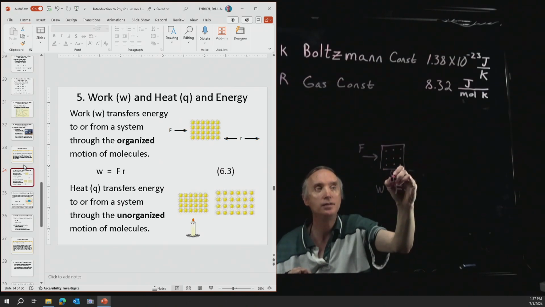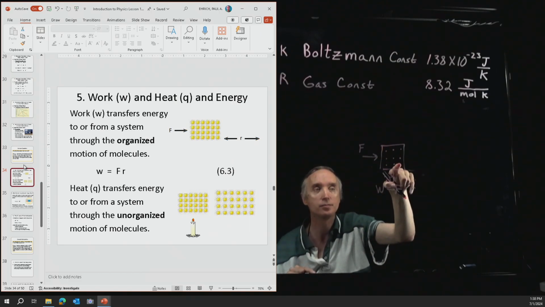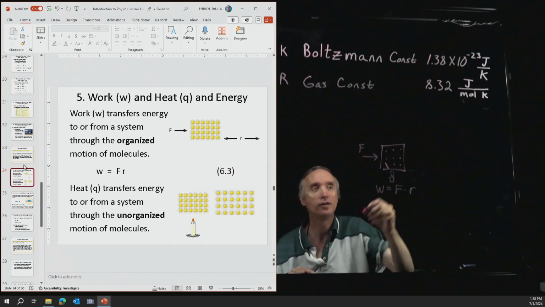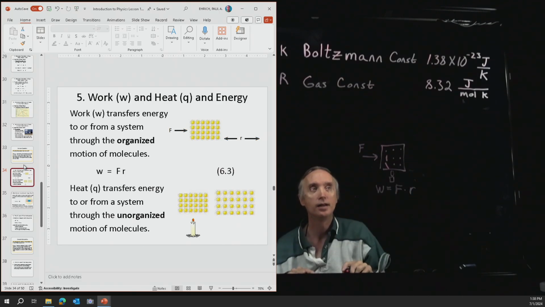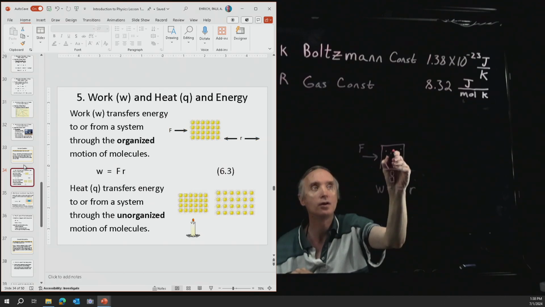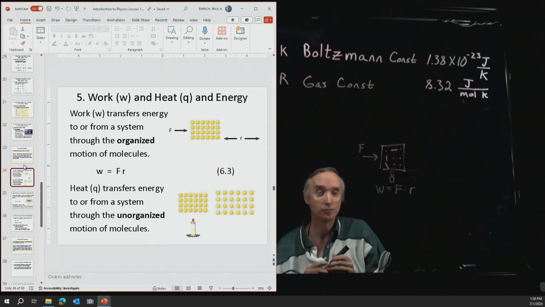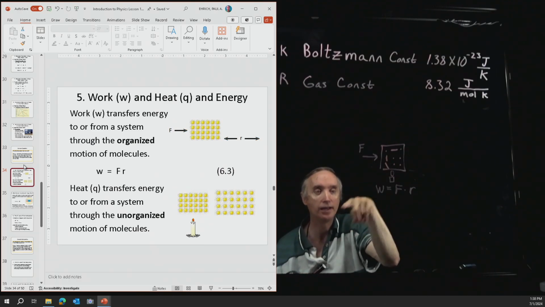As heat is transferred into the system, it's going to cause this atom to start to vibrate. Then when that one vibrates, it might cause the one on top of it to vibrate, and then the one over here. And notice that those vibrations are random.